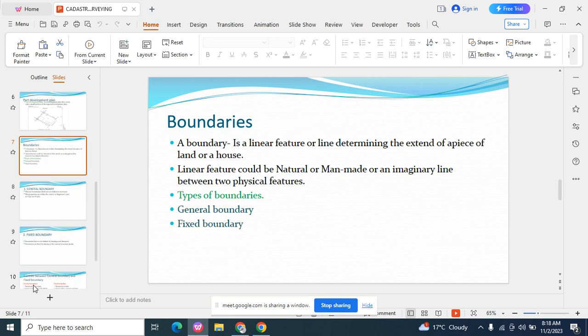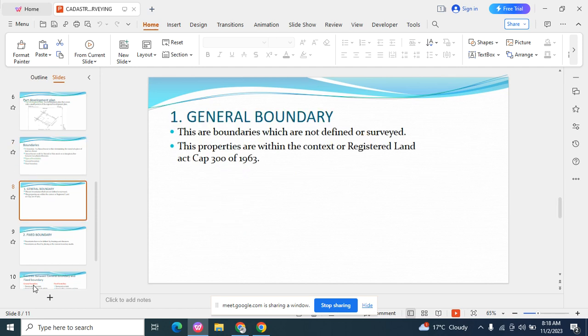It is a line feature determining the extent of a piece of land or a house. For example, it can be an area feature like a natural or man-made one, or an imaginary line between two physical points. Then the types of boundaries, we have general boundary and fixed boundary.